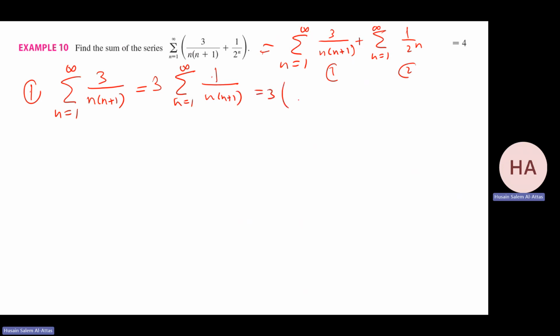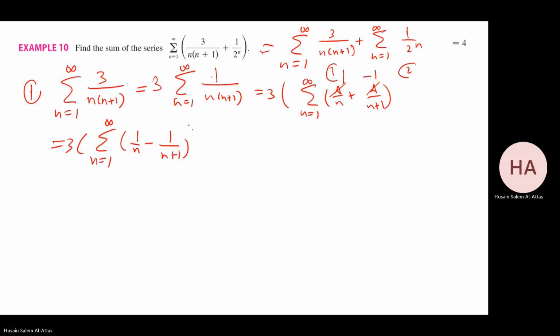That will be 3 times summation n equal 1 to infinity of a over n plus a over n plus 1. So n equals 0, that will be 1. n equal minus 1, that will be minus 1. So I have 3 times summation n equal 1 to infinity of 1 over n minus 1 over n plus 1.